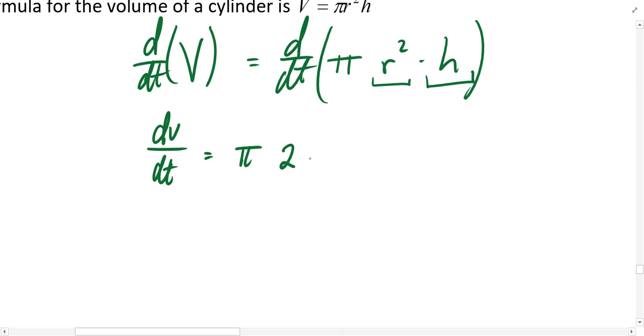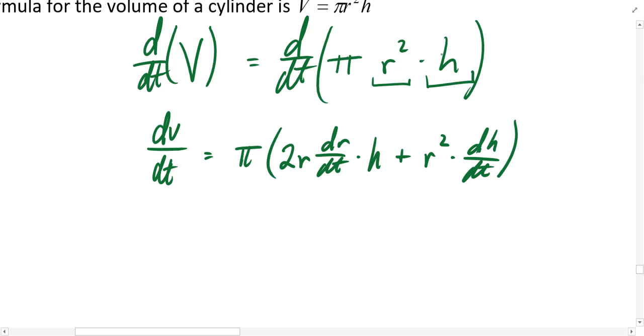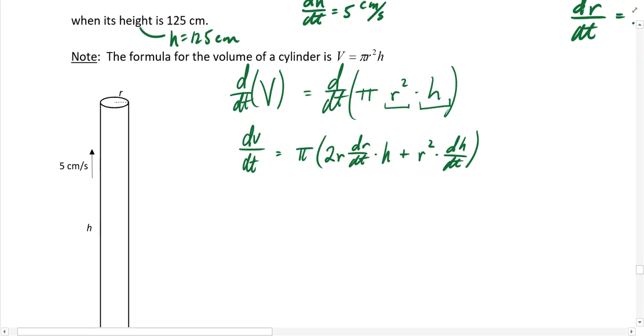So we want 2r dr/dt. That's the derivative of r squared with respect to t. So the first function times the second function plus the first function, r squared, times the derivative of the second function. And again, we don't know the rate of change of h with respect to t, so we're listing that as the differential.